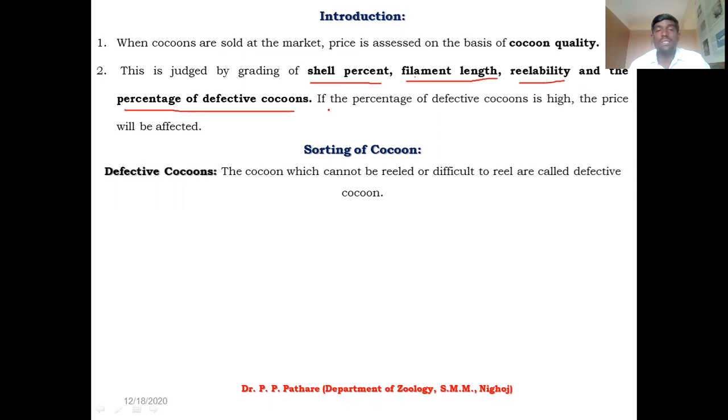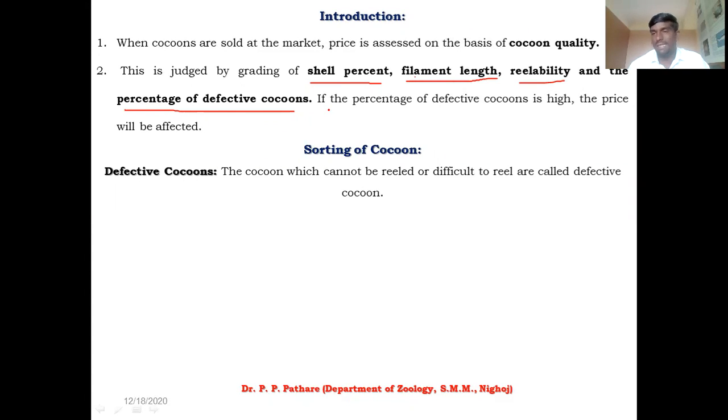The cocoons which cannot be reeled or are difficult to reel are called defective cocoons. You know, by chance, accidentally, or naturally, some defective cocoons are produced by your worms. But such defective cocoons do not get a good value or good price.